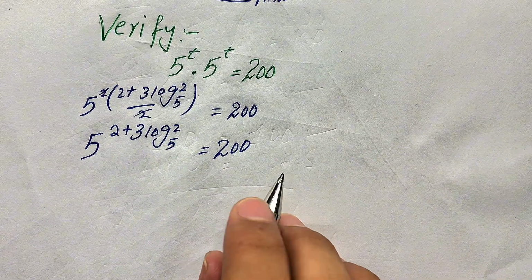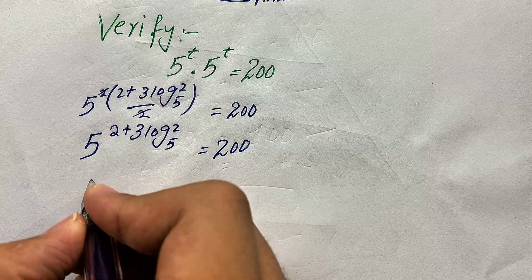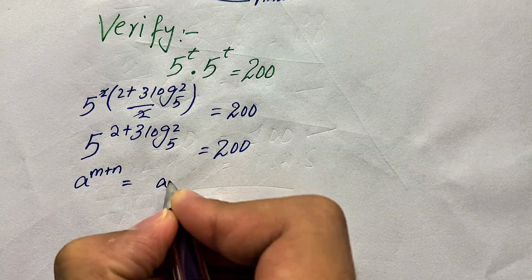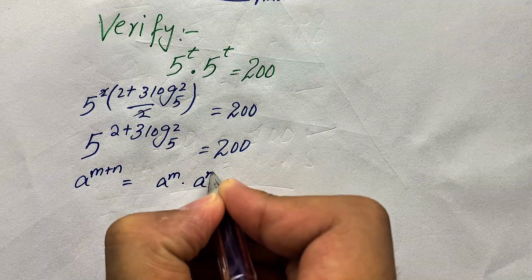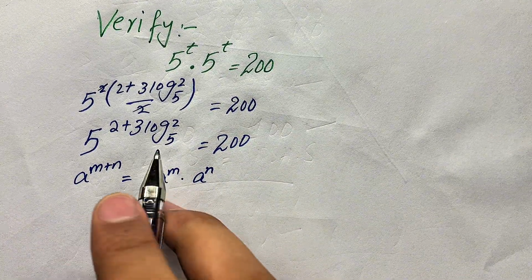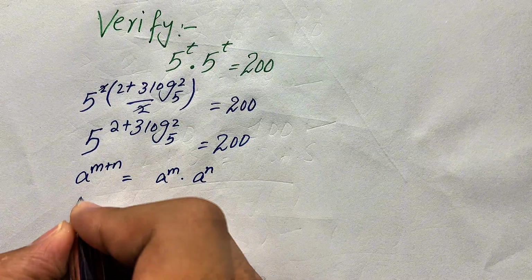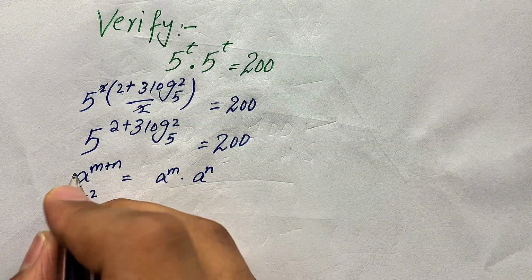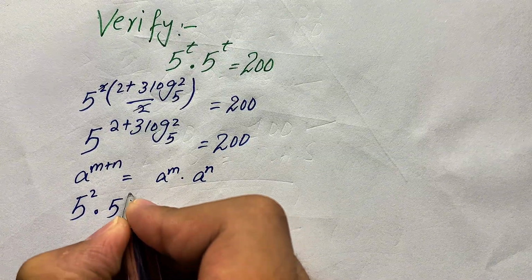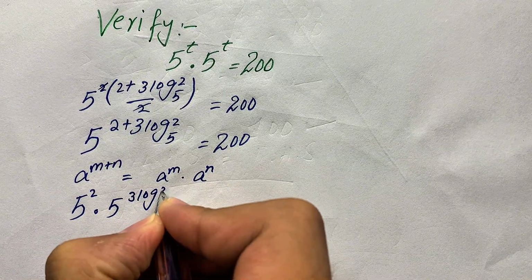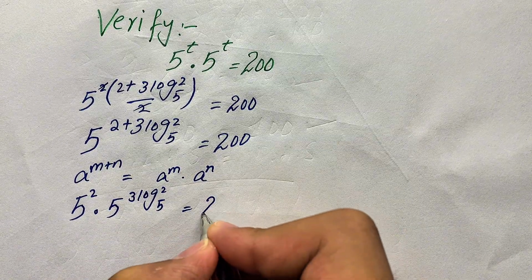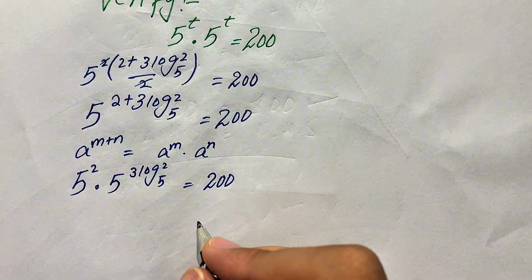Now we use this formula, a to the power m plus n is equal to a to the power m into a to the power n. After using this formula, we get the value 5 square into 5 to the power 3 log of 2 base 5 is equal to 200.